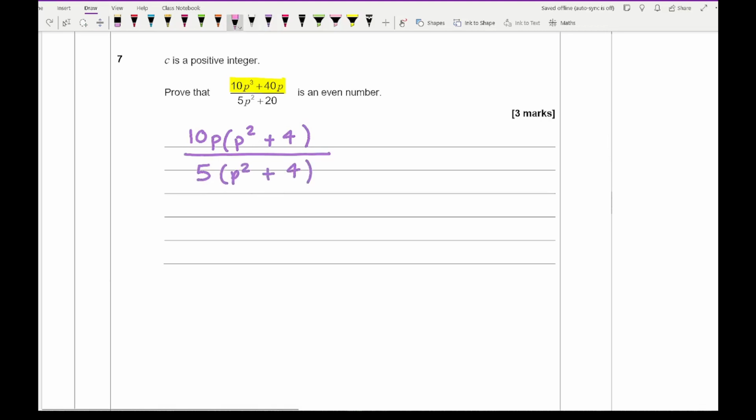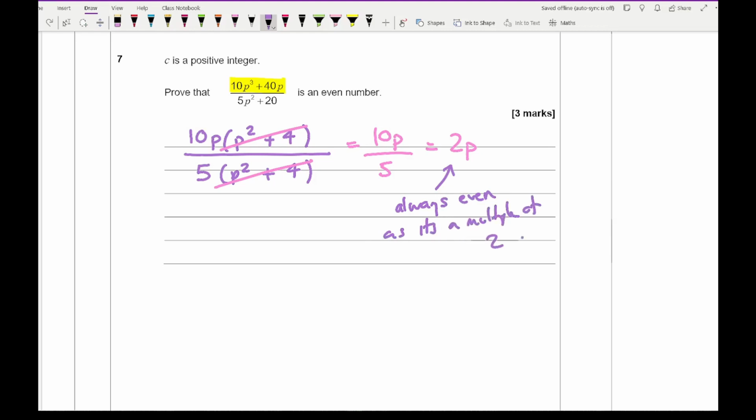So from this, you can see that the brackets are the same, so they cancel out. So it becomes 10p over 5, which then leaves me with 2p. And this is always going to be an even number, so always even as it's a multiple of 2.